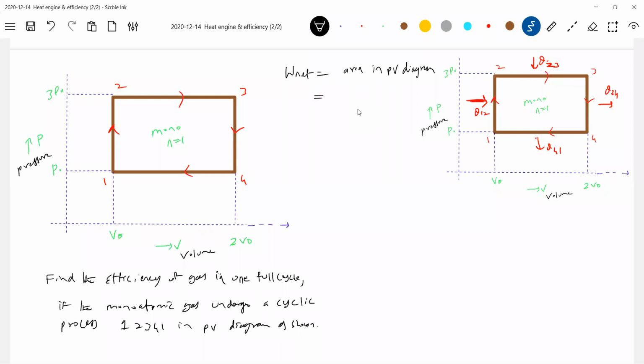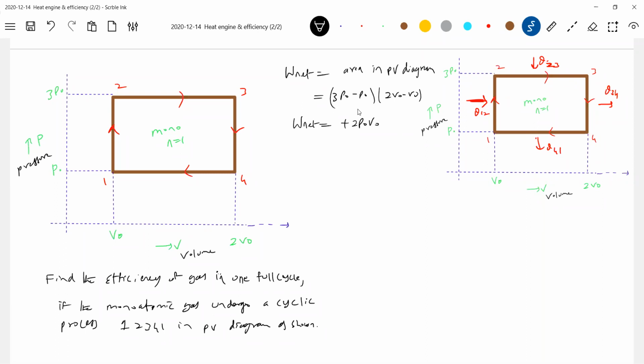What is the area? This will be (3P naught minus P naught) times (2V naught minus V naught), area of rectangle. So 2P naught V naught.